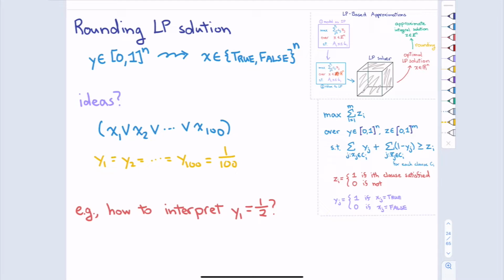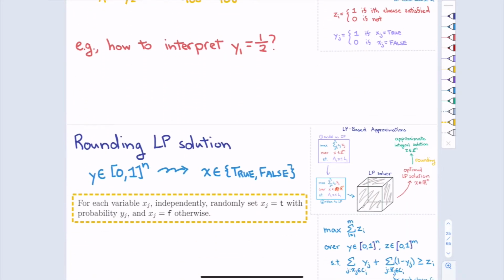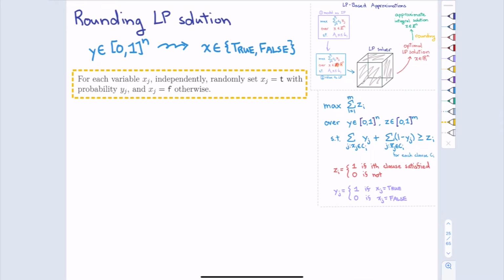When y1 is equal to 1/2, we're going to flip a coin. If it's heads, it's set to true. If it's tails, it's set to false. If it was 3/4, it's true with probability 3/4, false with probability 1/4. This is what we will analyze.